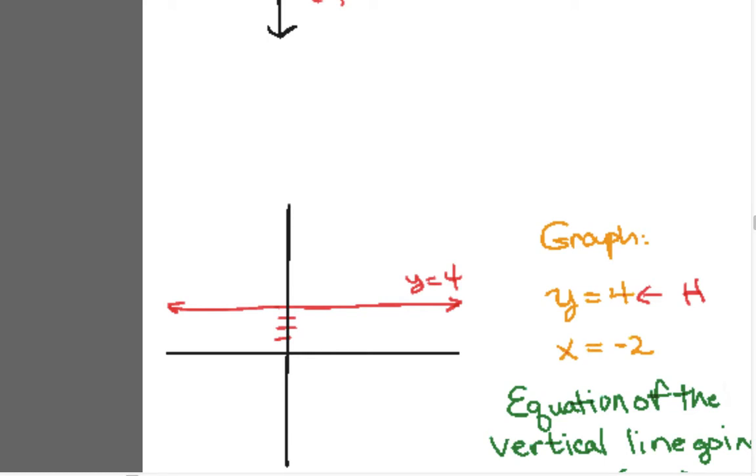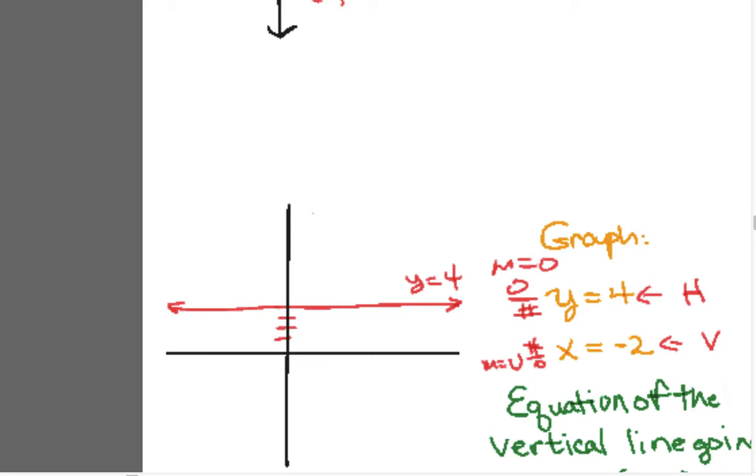And the slope of that line is 0. There is no rise, and there is a number over x, so m would be 0. Whereas here, this is a vertical line, and it's a number over 0, so m is undefined.